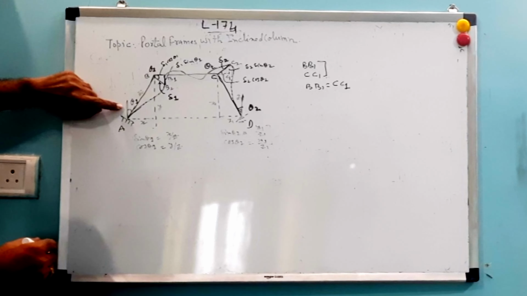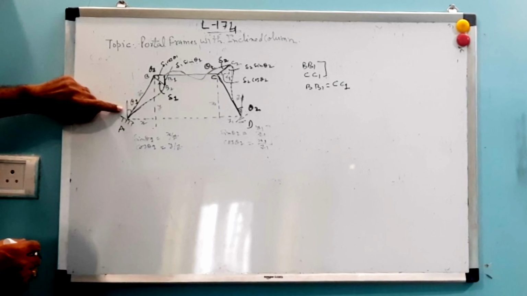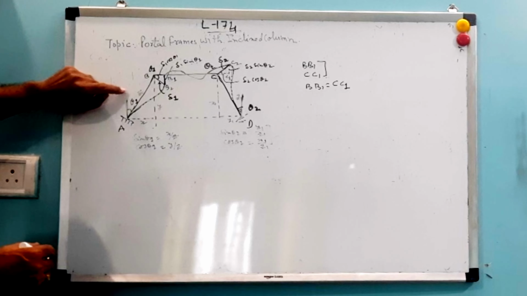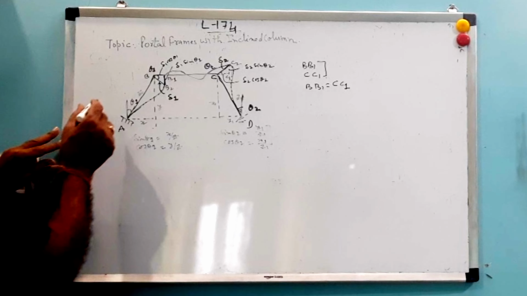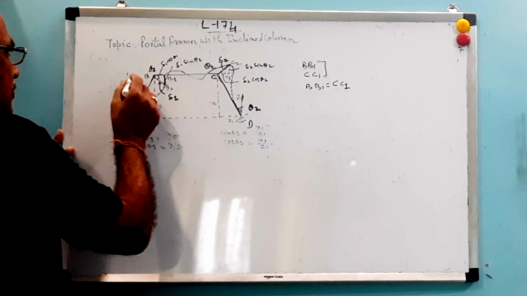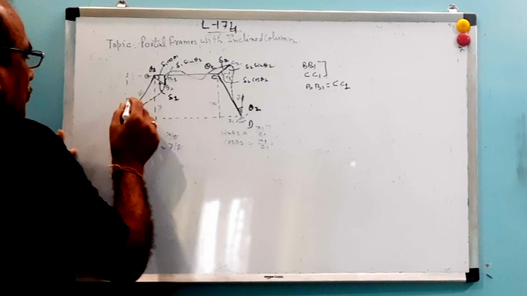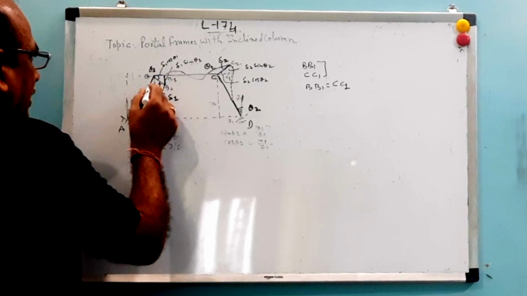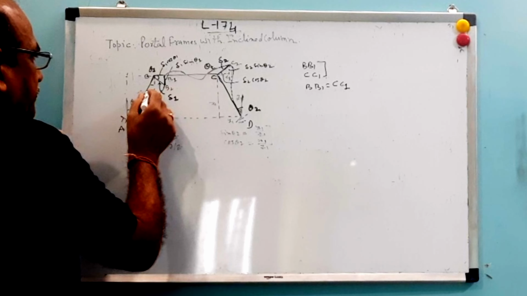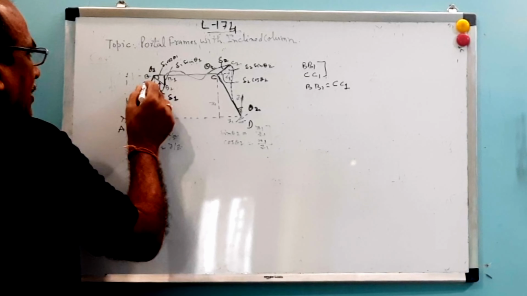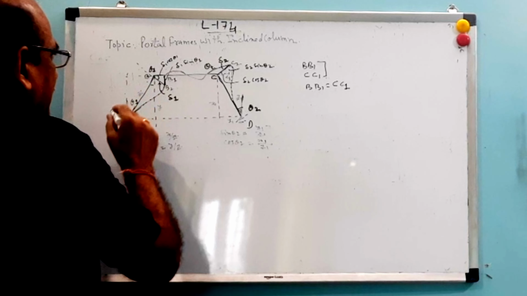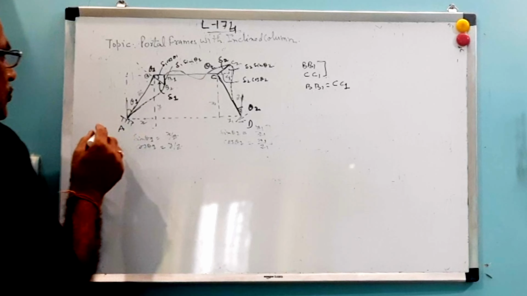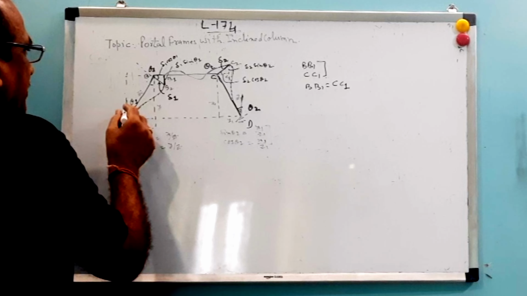This is making theta 1 with the vertical, and this is making theta 1 with respect to this. You can find it out in this way. So this angle is 90 minus, and you can always find out this angle theta 1.